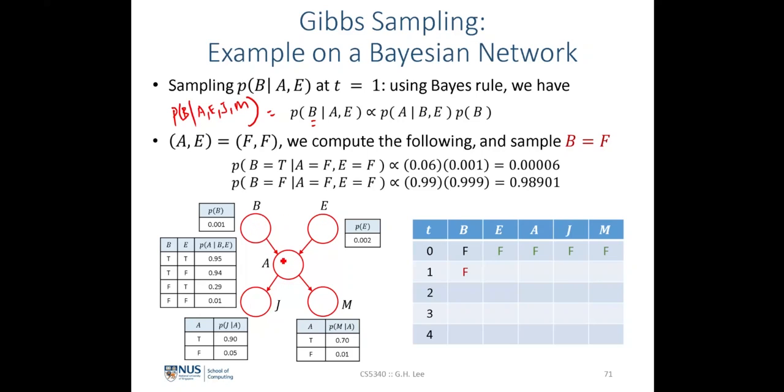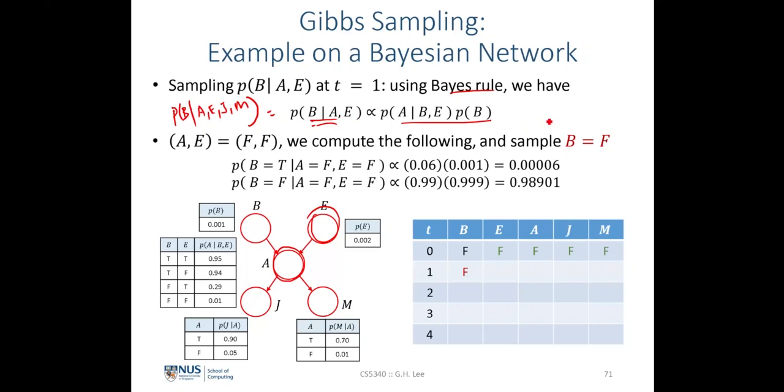So in this case, we have a child, which is A, and we have a co-parent, which is E, and we'll write this conditional probability as the probability of B conditional upon A and E. And this is proportional to these two terms over here using the Bayes rule. So we can see that we can evaluate these two terms using the existing condition of A and E.